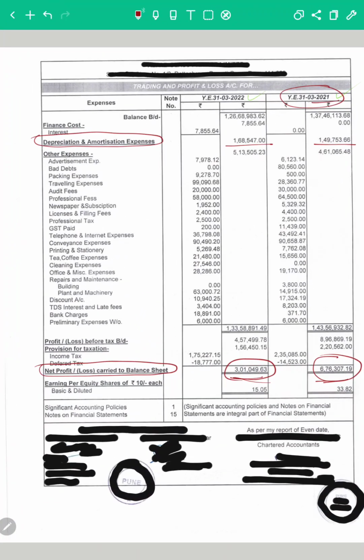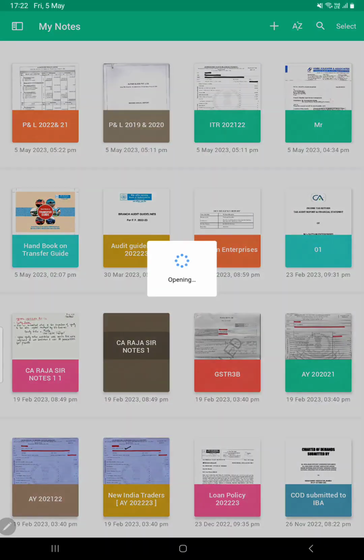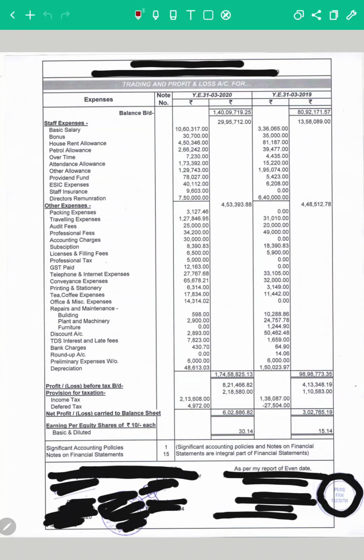See, 1,68,547 and 1,49,753 is the depreciation, and net profit 3 lakh and 6,76,000. Okay, now we'll go to 2019-20. Same way for financial year 1920, the net profit is 6,02,886 and the depreciation amount is 48,613, right?